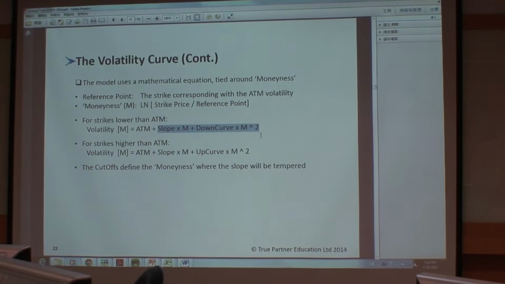So I can use a different curve on the upside and on the downside and still have my volatility curve connect at the money volatility. So that's what I'm doing. I can define with at the money volatility one slope number, a number for the down curve and a number for the up curve. I can already define a logical function of volatility.